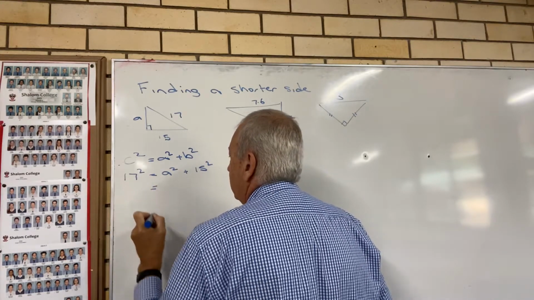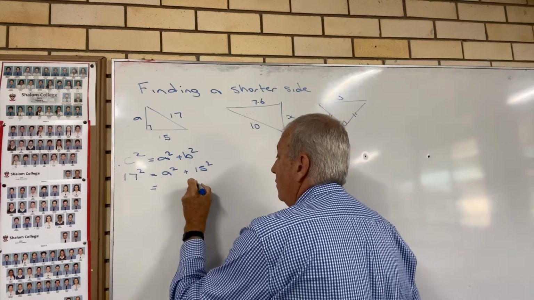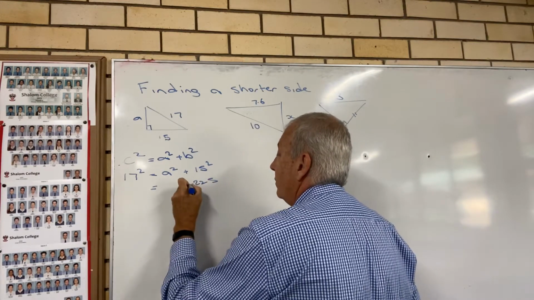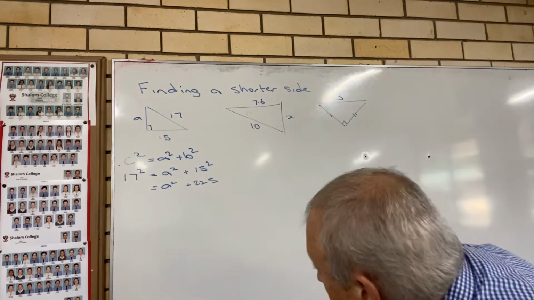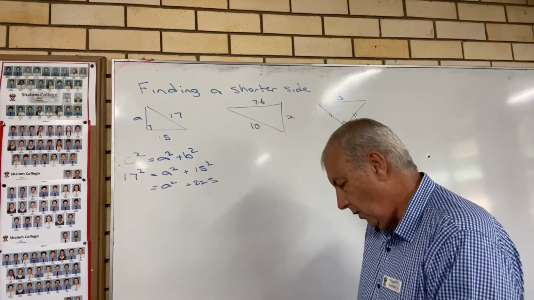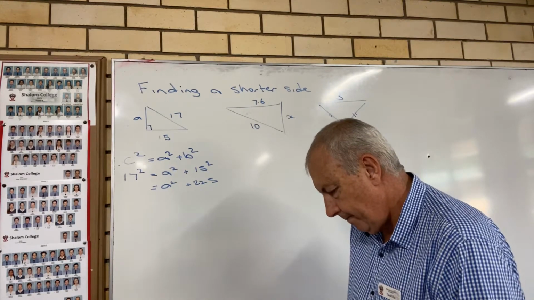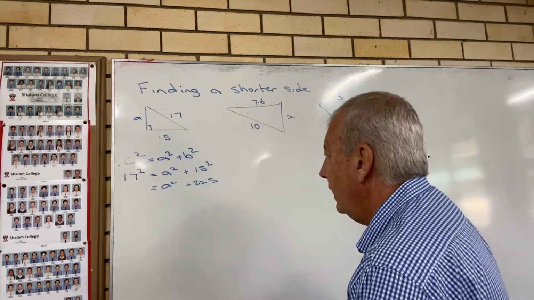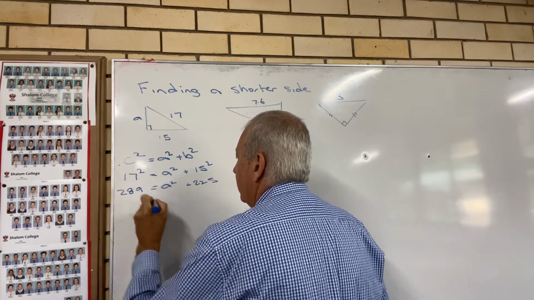So now, I know that 15 squared is 225 plus a squared. I'll use my calculator to work out what 17 squared is. And we have 289.